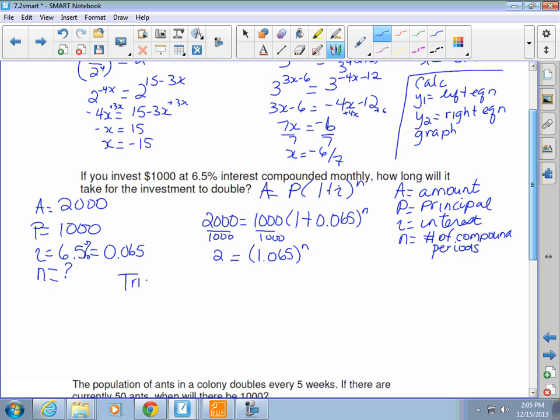You can use just trial and error. On your calculator, you would just keep going 1.065 times 2, 1.065 times, and you can go bigger, like maybe try 15, so that you have somewhere in between to take a guess at. The other way to do it is on your graphing calculator.